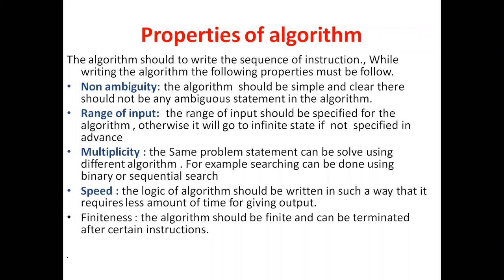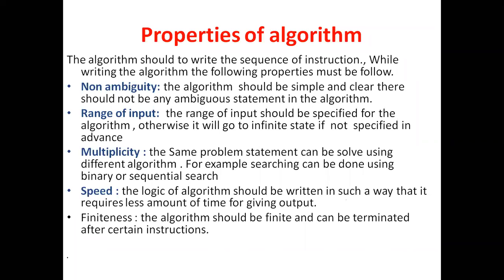For example, when we declare a for loop, I is equal to 0, I less than 5, I less than 7. Suppose we don't give that 5 or 7, then your loop will go into an infinite loop. That means it will keep running continuously and the result will not be there.